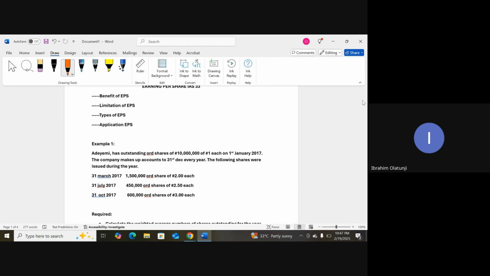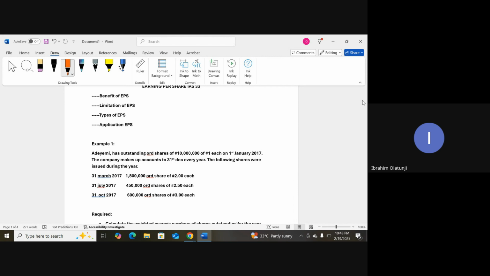So as a result of financial manipulation, EPS has a limitation. We also said it is historical in nature and may not be suitable for future prediction. We say it is good for future prediction, but obviously there is a limitation to that because EPS deals with historical figures.